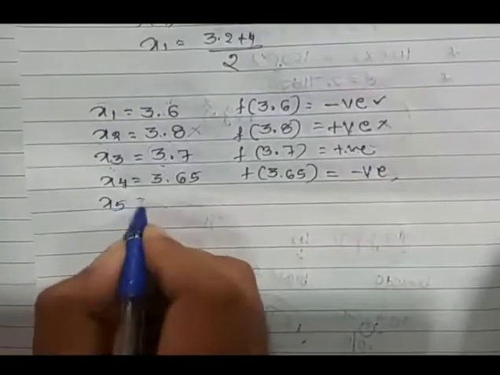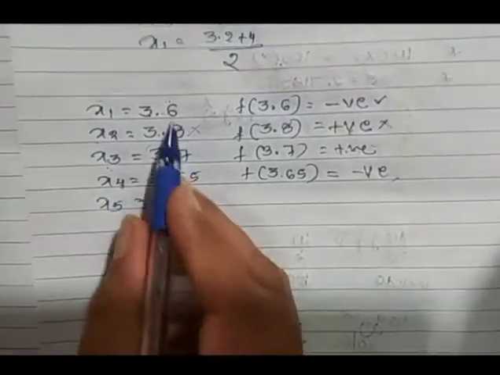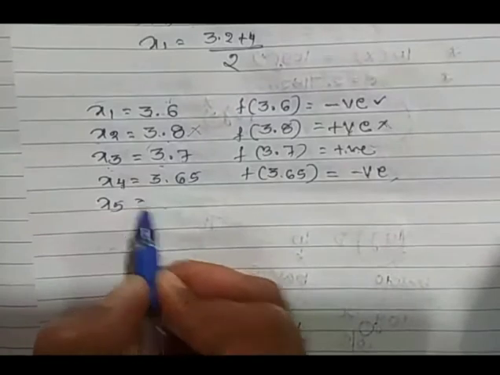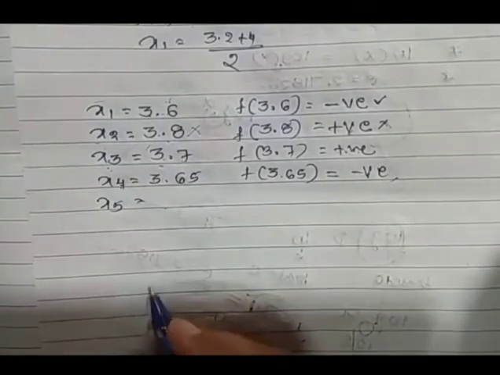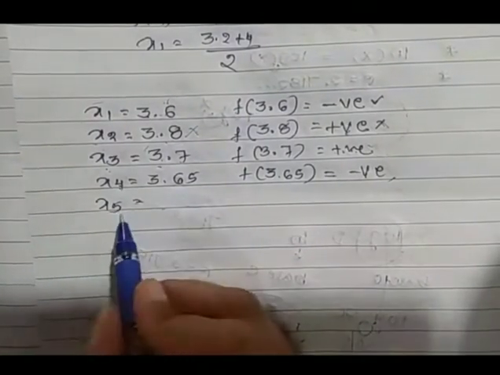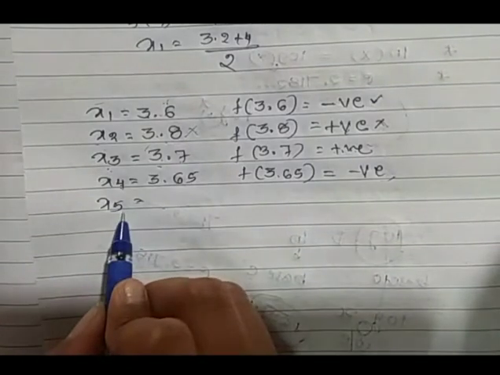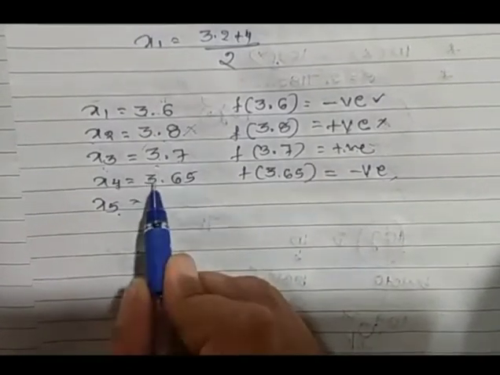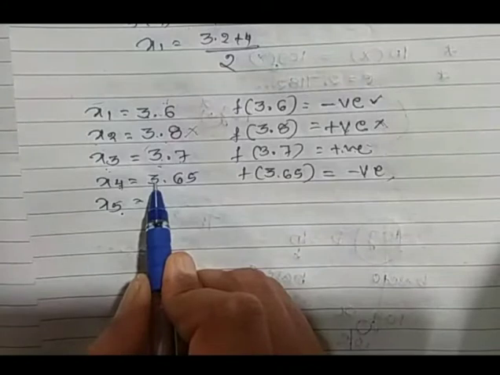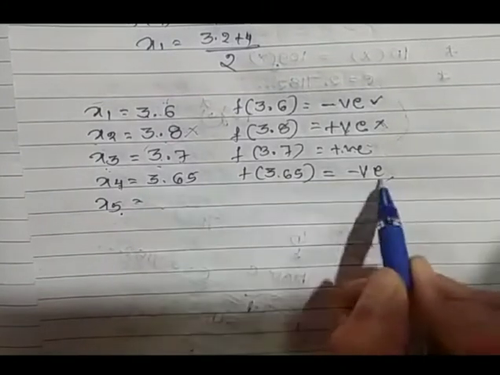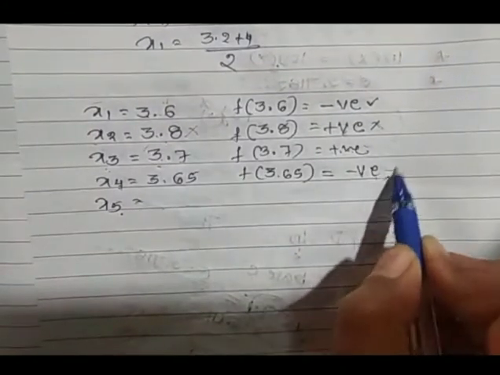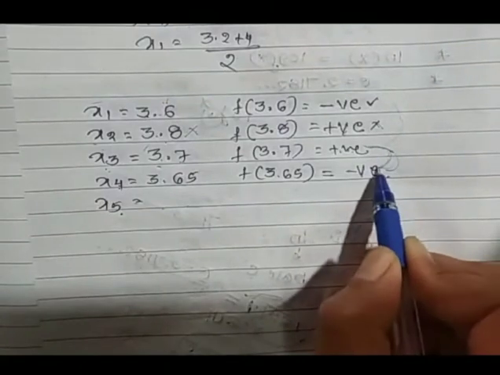Go for fifth approximation because still we didn't get even the first decimal value as similar. So go for fifth approximation, and in the fifth approximation, take the previous x4 result, that is 3.65, which is giving us negative value.